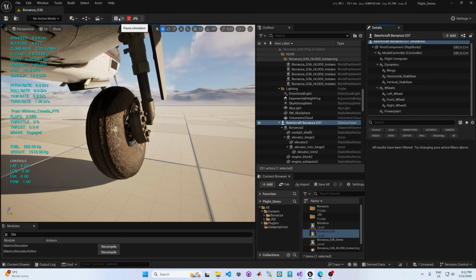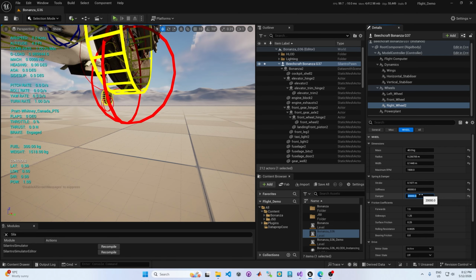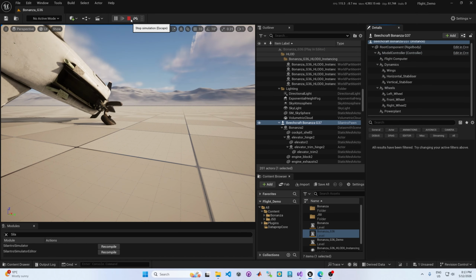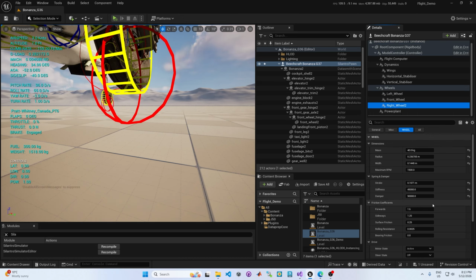You see, it's extremely stiff now. Yeah, so if I set this to, let's say 90,000, my wheel is still going to be exactly where it was. Okay, yeah, that was too much force applied by the speed of the hydraulics.